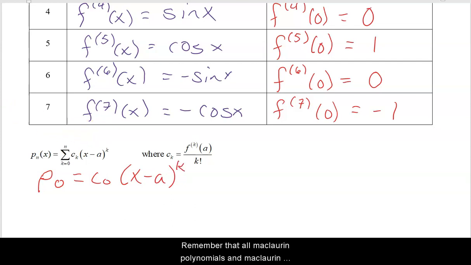Remember that all Maclaurin polynomials and Maclaurin series have a center of a equal to 0. In this case, since our k is 0, we can replace that power with 0, which basically means that the 0th polynomial approximation is actually a constant.